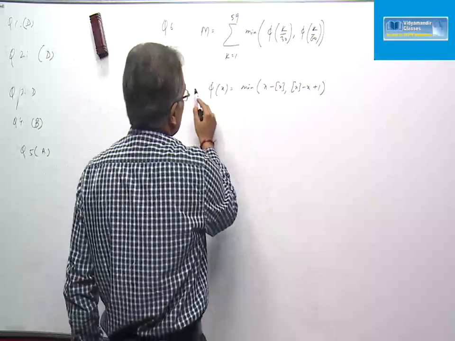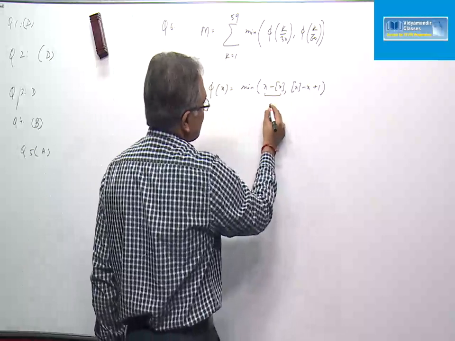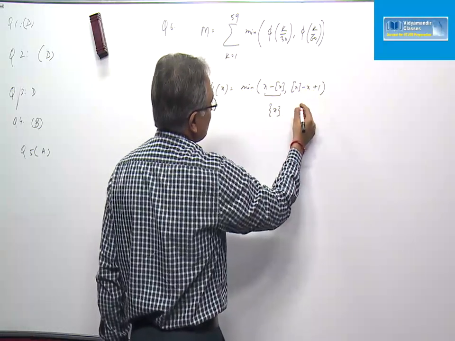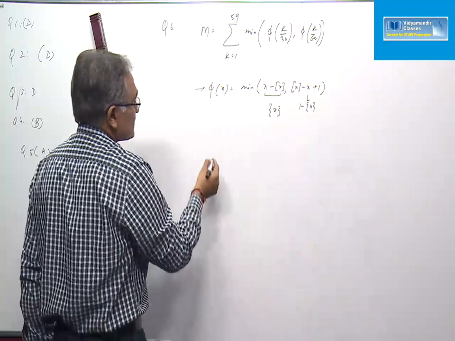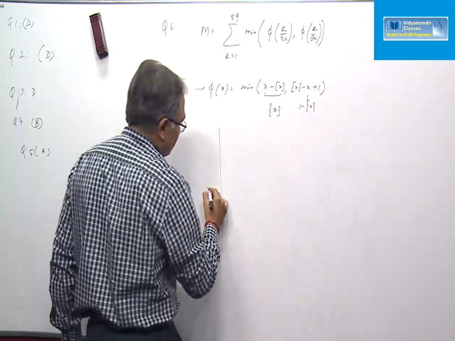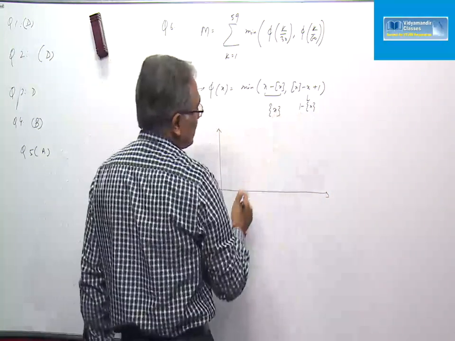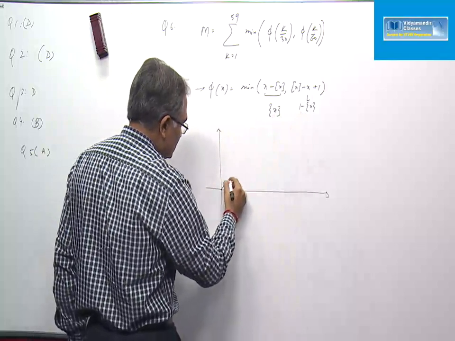Now let's compute first function phi x. Now this one is fractional x, and taking minus common from this is again 1 minus fractional x. Now let's plot the graph of this. Both are periodic functions of period 1. Fractional x is 0 to 1 like this.